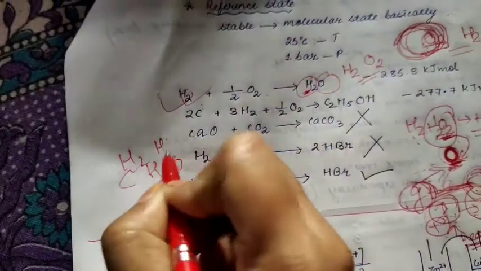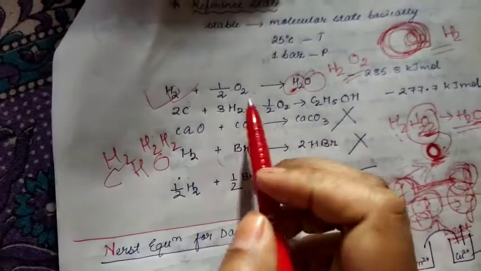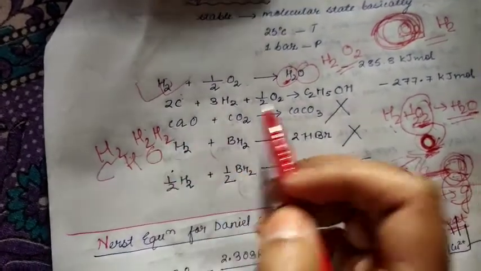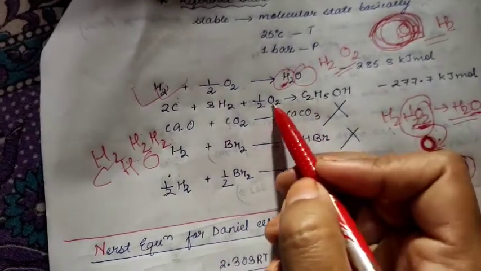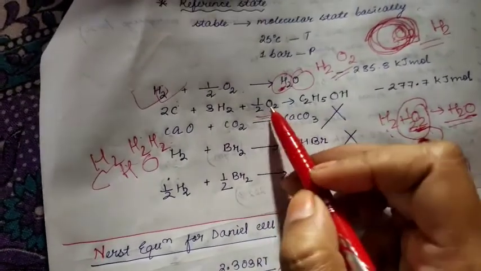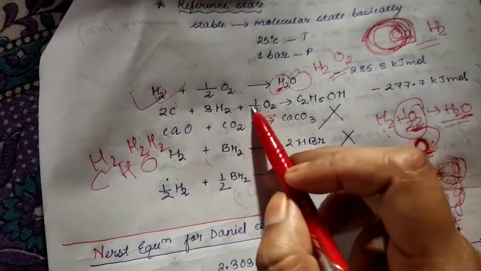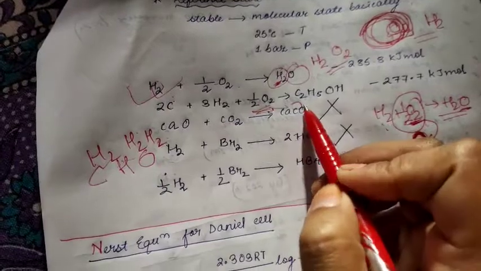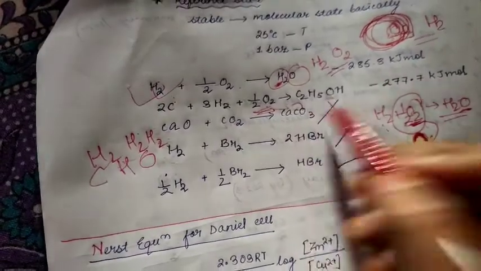Then O2, I have already told why you cannot put just simple O, you have to put half of O2, and half of O2 means O only, okay? So you have got O here.